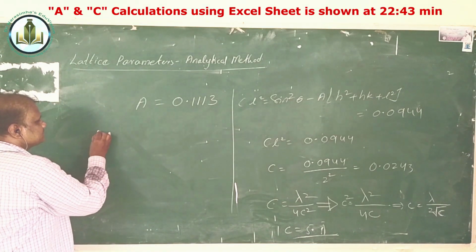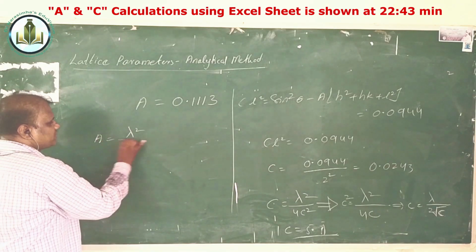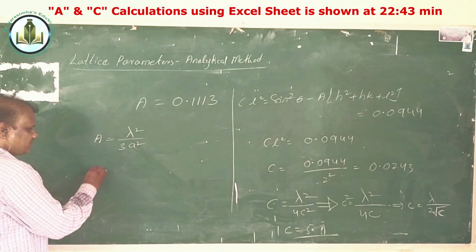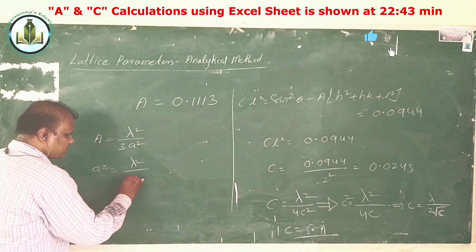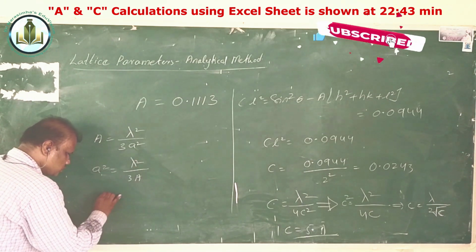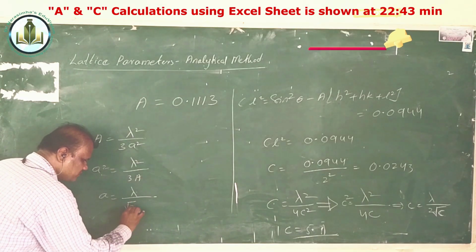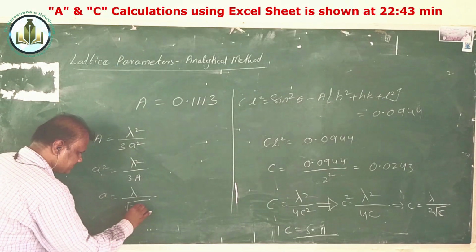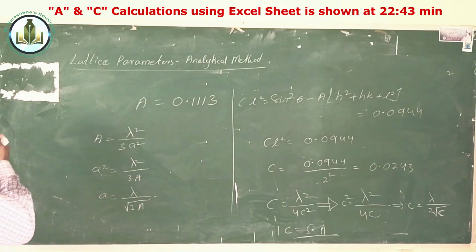Similarly, the lattice parameter a: capital A equals lambda square divided by 3a square. Therefore a square equals lambda square divided by 3A. So the a value equals lambda divided by under root of 3A.